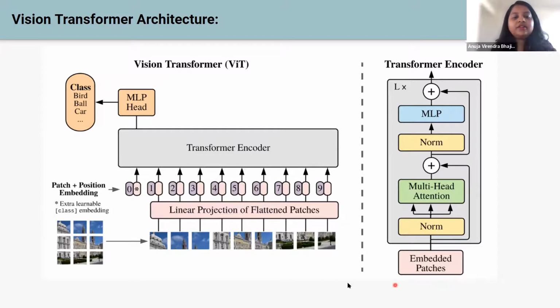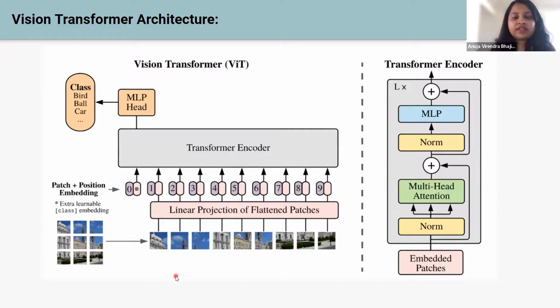The input image is split into multiple patches which are linearly flattened. These linearly projected flattened patches are then combined with the positional embeddings, which are then passed through the transformer encoder block. The positional embeddings generally keep track of the sequence of the image patches. The output of the transformer encoder is then passed through a multi-layer perceptron head, and from its output we determine the final class prediction of the image.